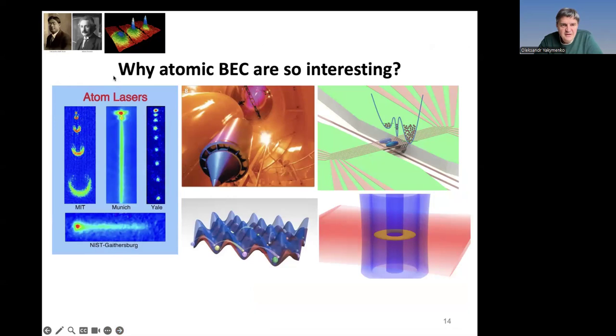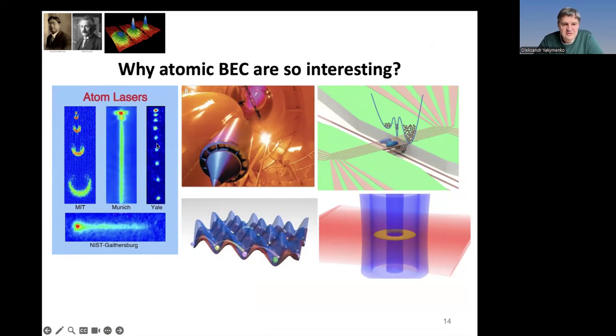And again, the motivation for doing this is that different aspects of quantum technology become available with these cold atoms.